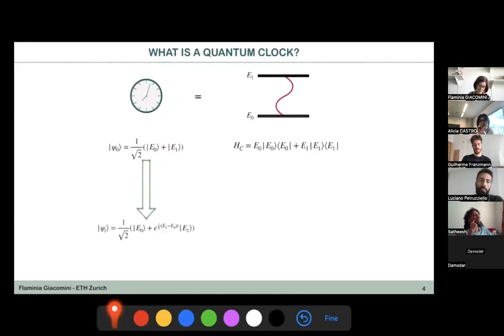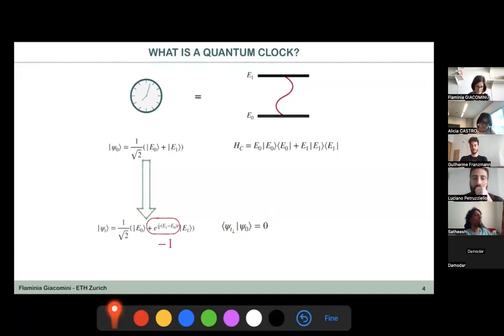And this happens when this phase here is -1. So instead of having a plus here, we have a minus. We call this time the orthogonalization time, and it means that the state at this time is orthogonal to the initial state.